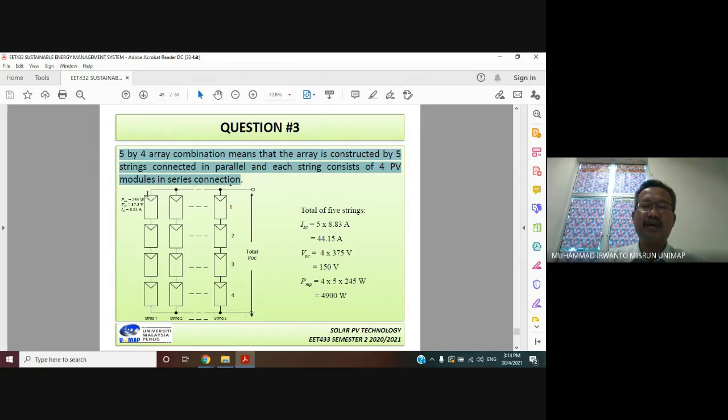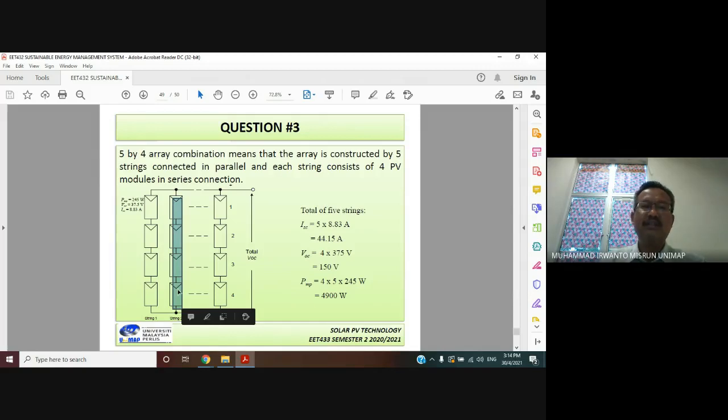String 1, string 2, and so on until string 5. Each string consists of 4 PV modules connected together in series.